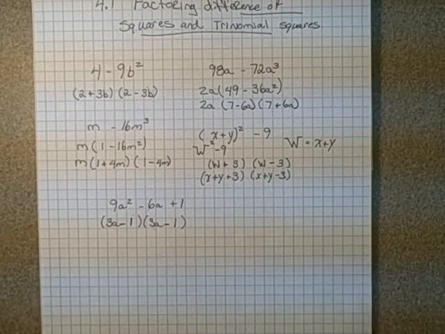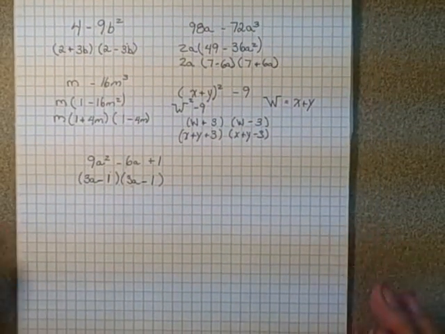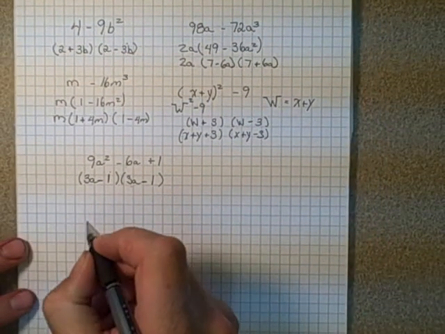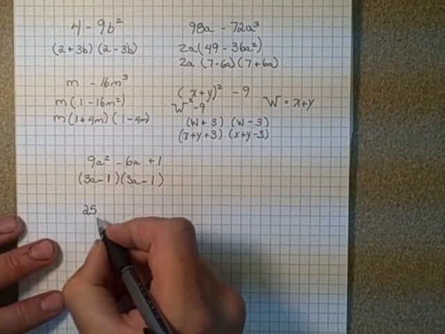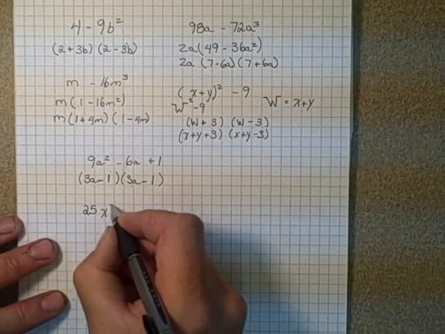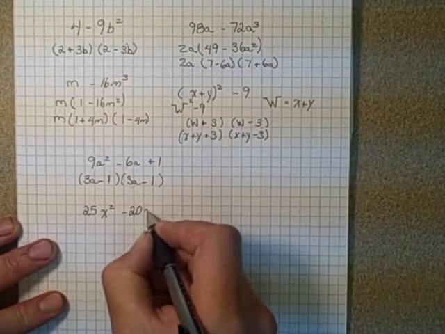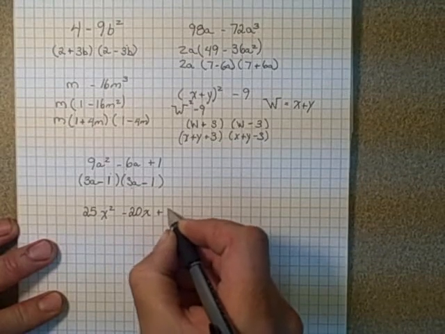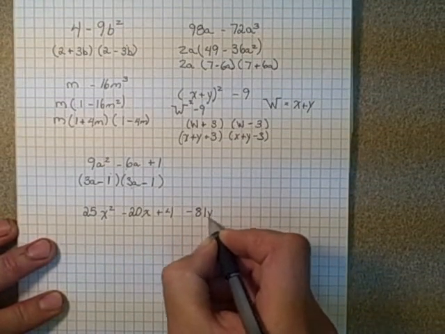Okay, so let's combine what we know now of trinomial squares and binomial squares, and let's combine them together to do a problem that might look something like this. Say I had something like 25x squared minus 20x plus 4 subtracting 81y squared.